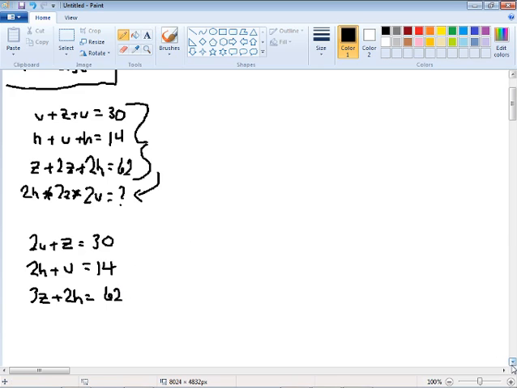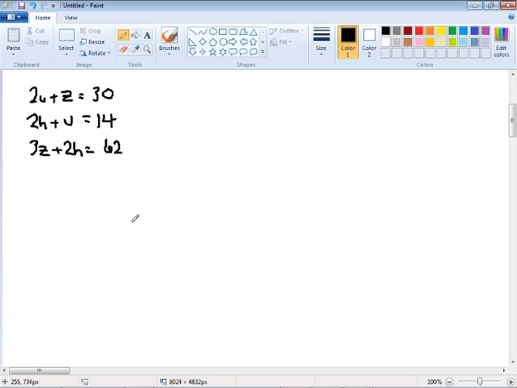So now that I've simplified my equations, I'm going to see if I can find a way to manipulate them so that I can get a variable equal to something. For instance, for this first one, I notice that I can say Z is equal to 30 minus 2U, 2 unicorns. All I did was subtract 2U from one side, 2U from the other.